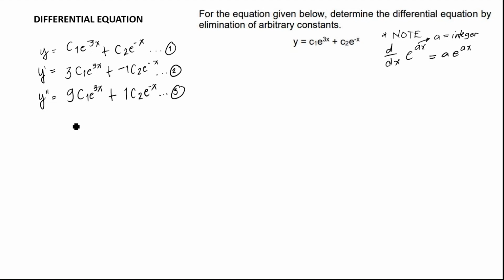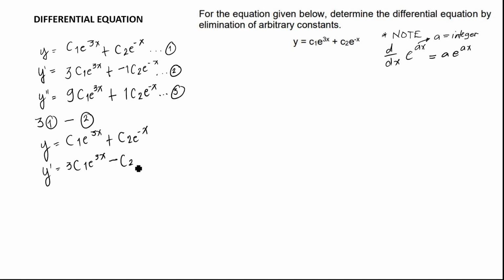So how do we remove the arbitrary constant? Let's multiply equation 1 by 3 and then subtract equation 2. So we have y is equal to c1 e raised to 3x plus c2 e raised to negative x. Y prime is equal to 3c1 e raised to 3x, and then minus c2 e raised to negative x. This y, we need to multiply by 3.